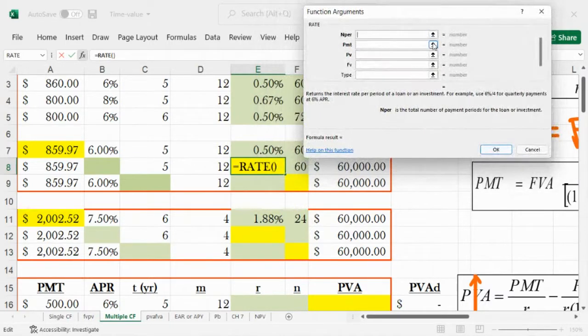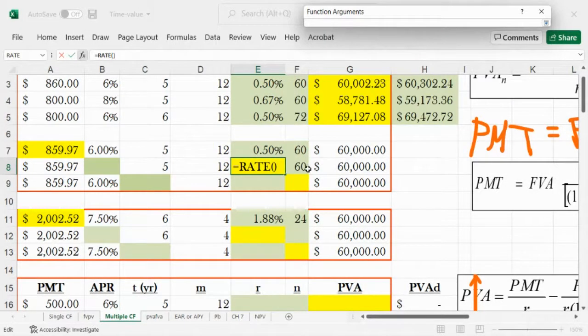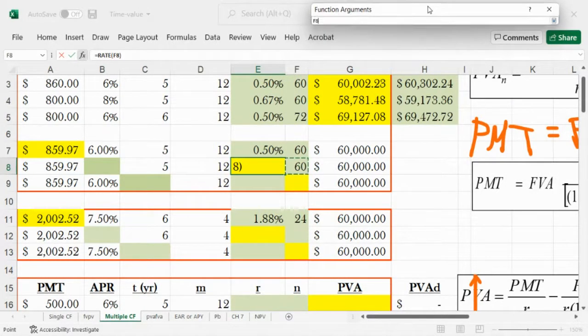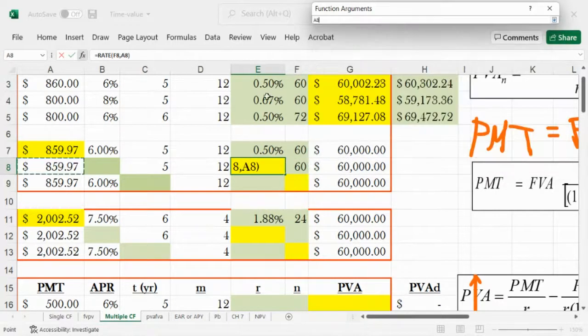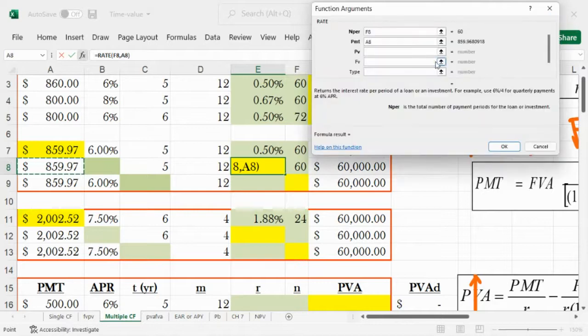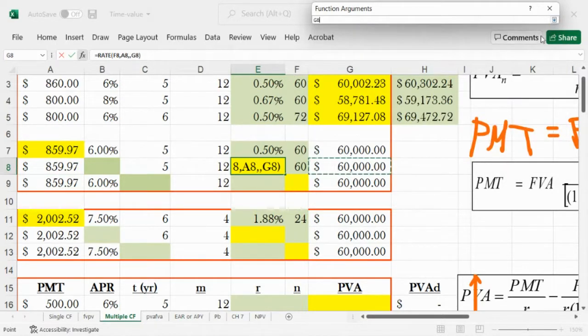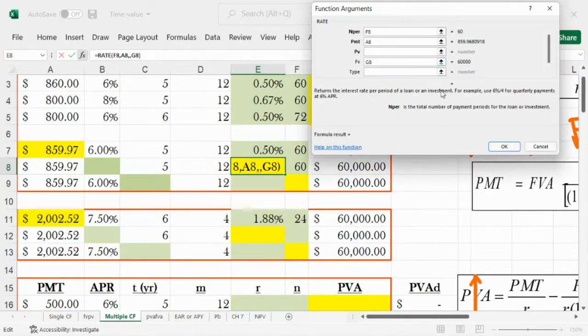It's asking for n periods. That's n, the number of periods. And payment. Here's the payment. There's no present value because this is the future value of an annuity, and we have the future value, our target future value. You enter it, and then type.